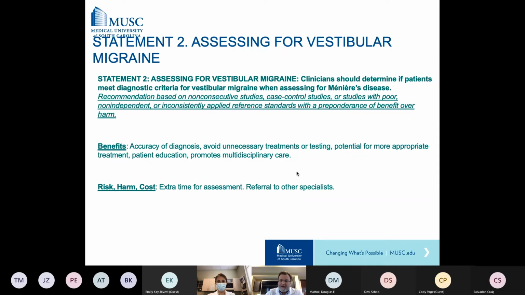Always assess for vestibular migraine in a patient coming with Meniere's disease. The comorbidity is staggeringly high. Some studies cite that up to 56% of patients with Meniere's disease have a lifetime prevalence of migraine, whereas in the general population it's around 13%.